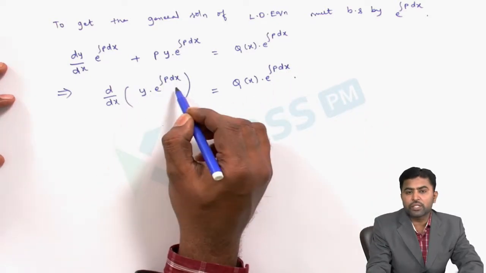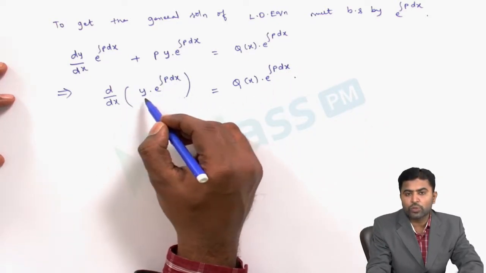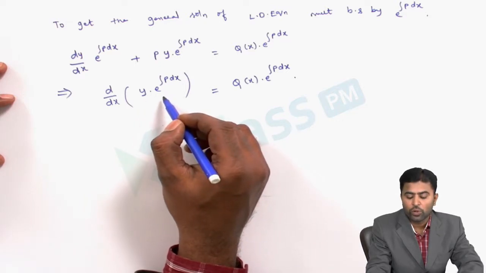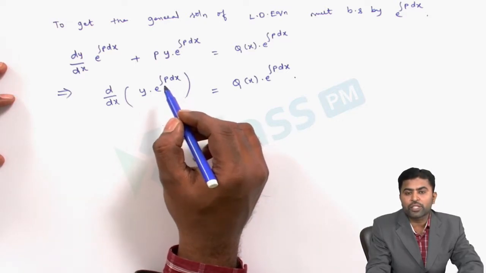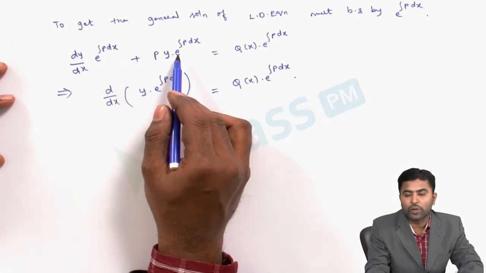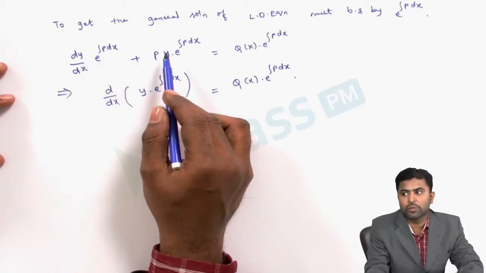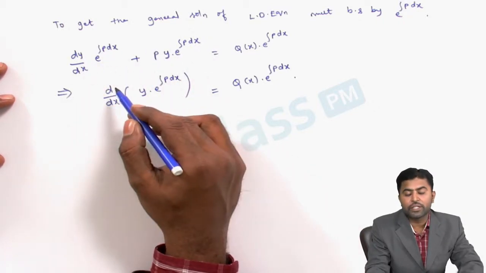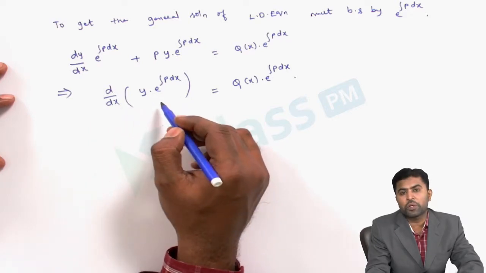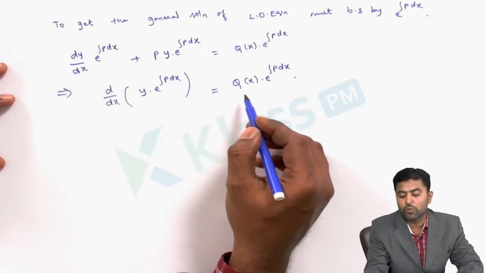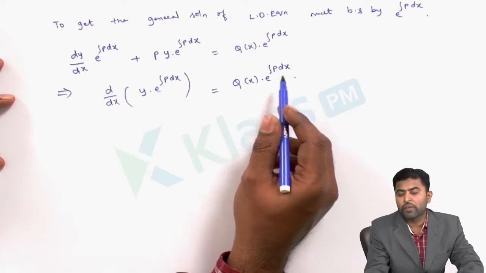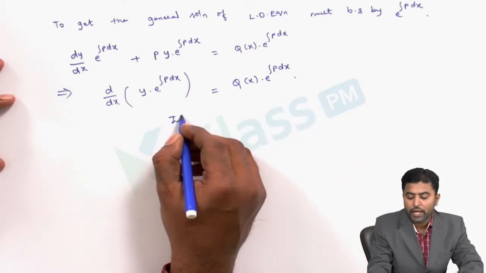If I differentiate this one, as this has two terms, it follows the UV rule. So if I differentiate this by using the UV rule, I'll get back this one. That's the reason I'm clubbing these two terms and writing it as d by dx of y into e power integral p dx, which is equal to q of x into e power integral p dx.